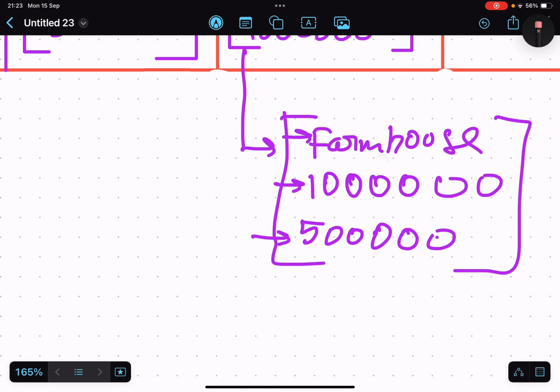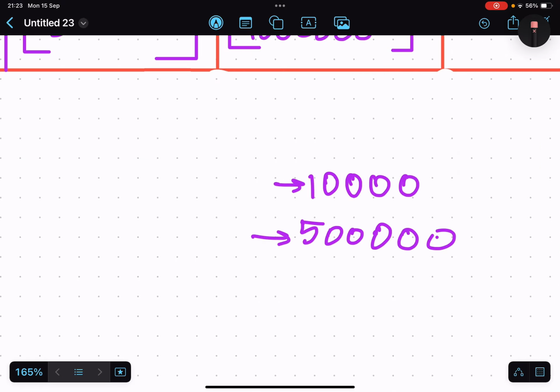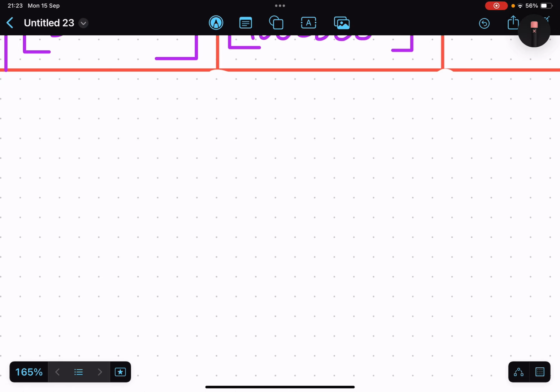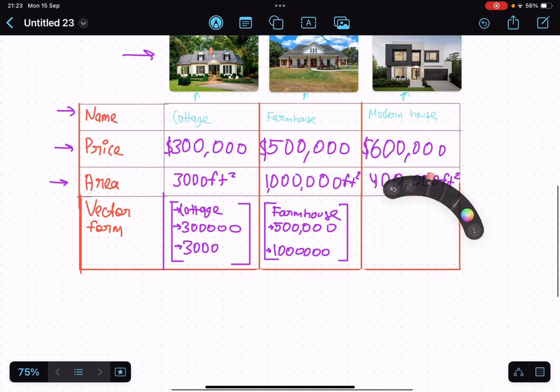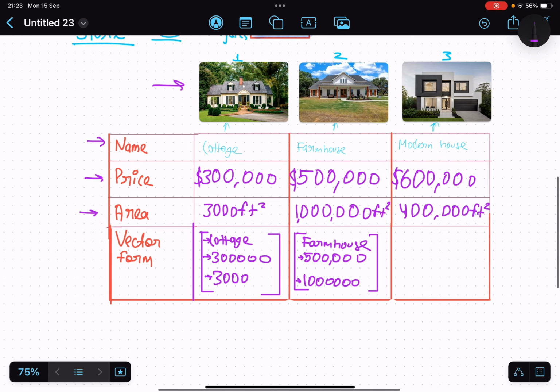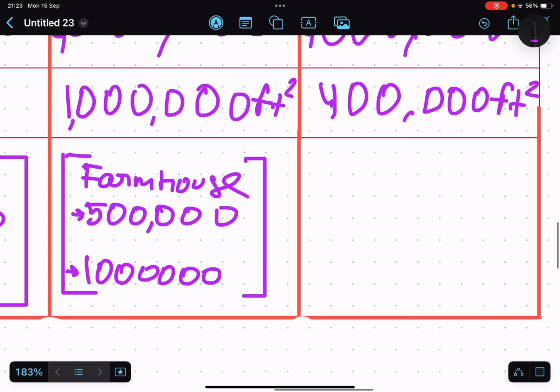So quickly try to form a vector of the third house by stopping the video. Okay, so for the third house, the vector form would be modern house. How much is the price? 600,000.